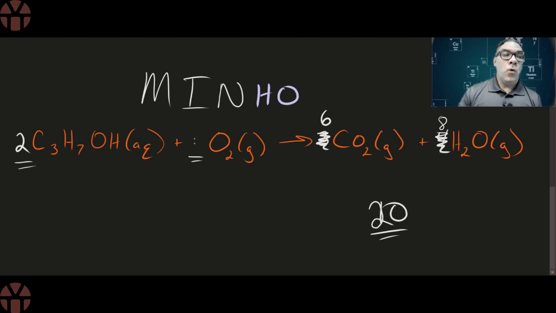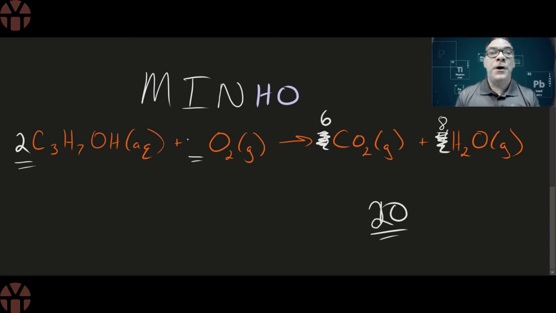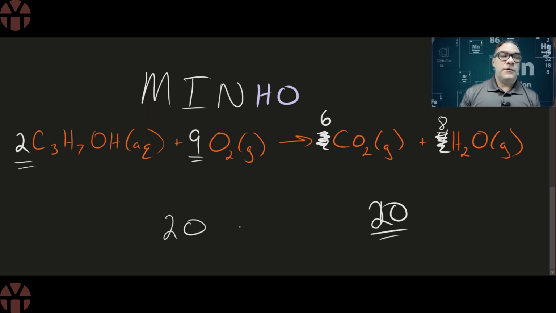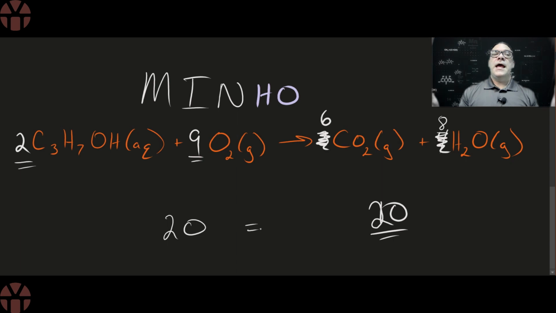So no matter what I put here in front of this oxygen, I can put an odd number or an even number, I'll always produce an even number, and aha, even will equal even. So when I put a 9 in front of this one, now suddenly I have 20 oxygens equaling 20 oxygens, and my reaction is balanced.